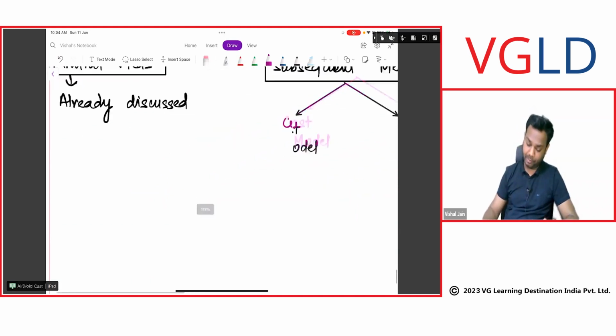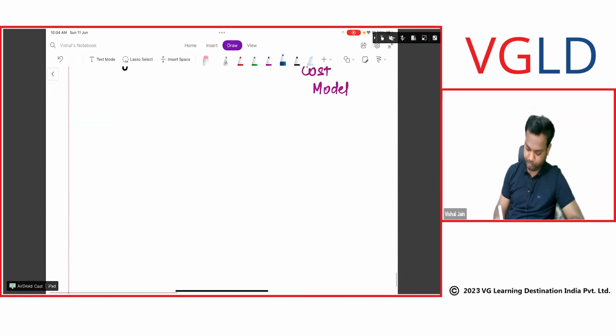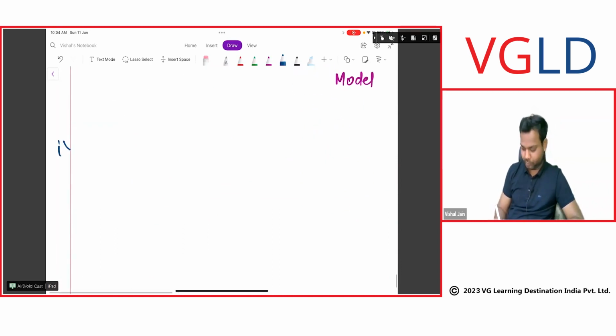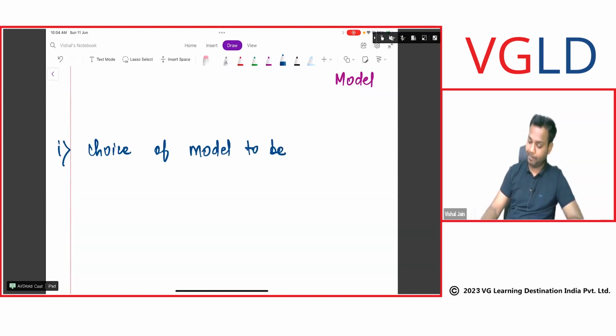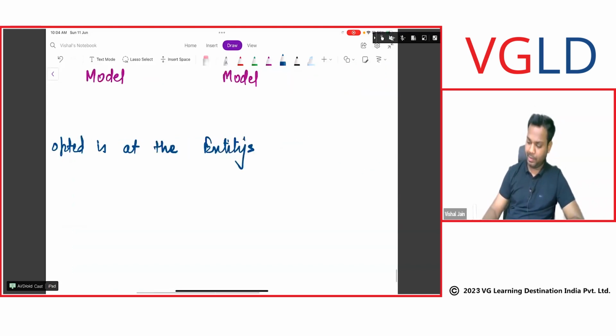Okay, first of all, point number 1. Choice of a model to be opted is at the entity's discretion.